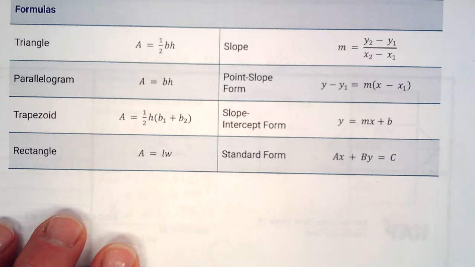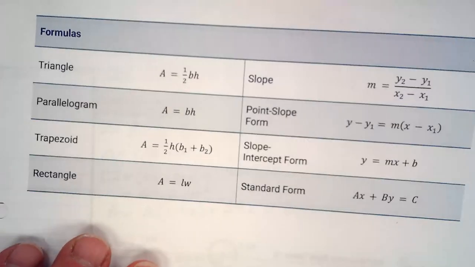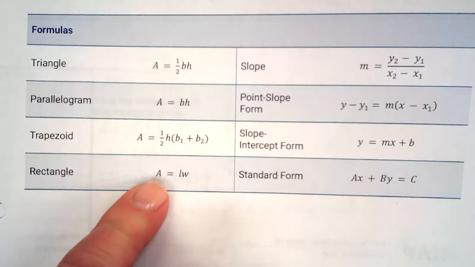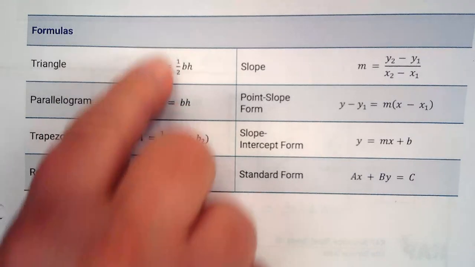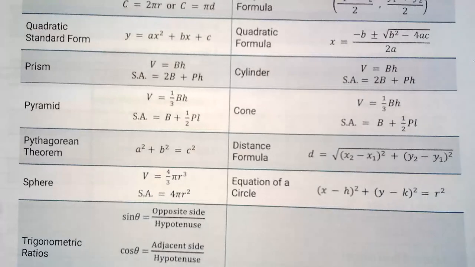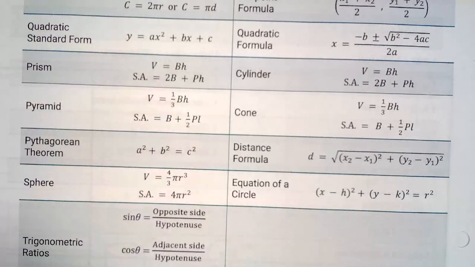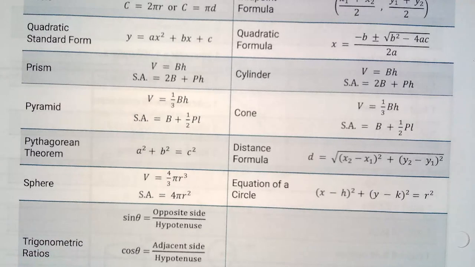Slope, point slope form, intercept form, standard form. These are formulas. The formulas for surface area are here too. So you've also got all the different circles and prisms and pyramids.